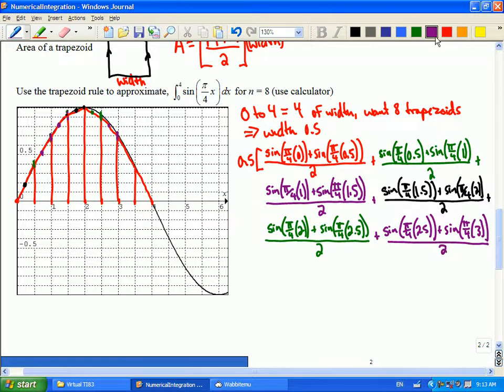Okay, last two. So this time from here to here, and at the middle, this will be sine pi over 4 times 3.